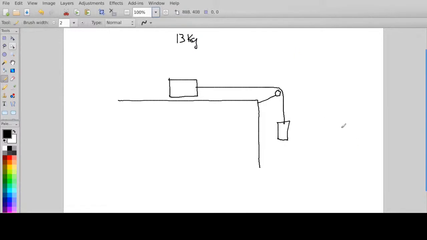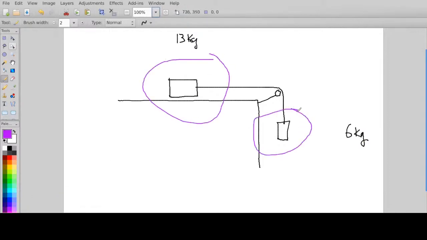The next step is to start putting in the forces, doing the free body diagrams for each of the masses. There are two masses, obviously, so we're going to have to do two independent free body diagrams. Let's actually do the free body diagram for the 6 kilogram first, and the reason for that is that you'll see immediately how this is different than the kinetic friction problem.